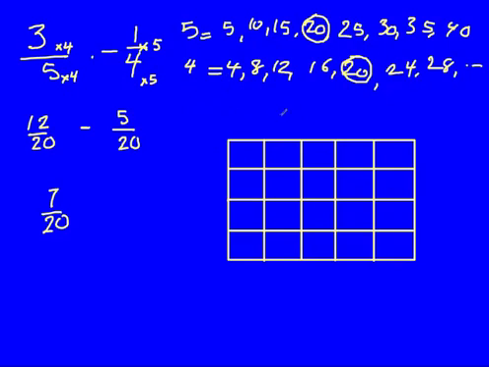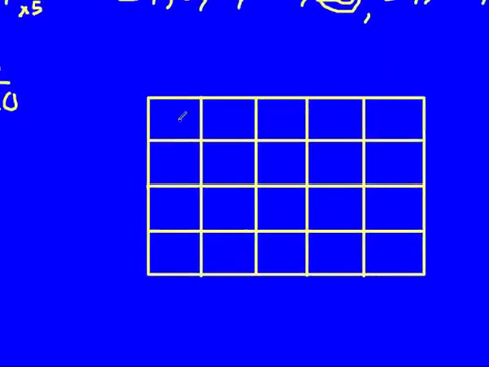Right, now I need to subtract a quarter from 3/5. So I need to first shade 3 columns out of 5 columns. So which means that 3 columns will be shaded.